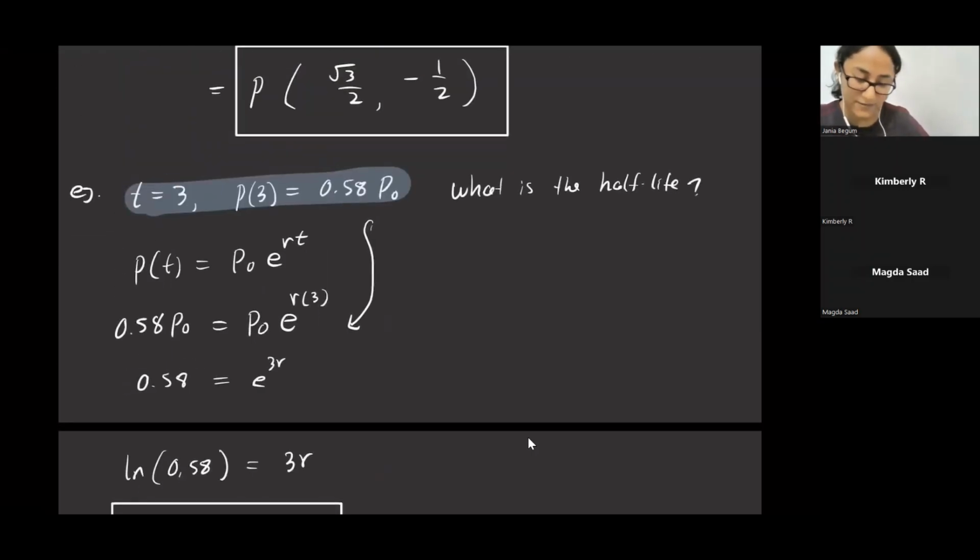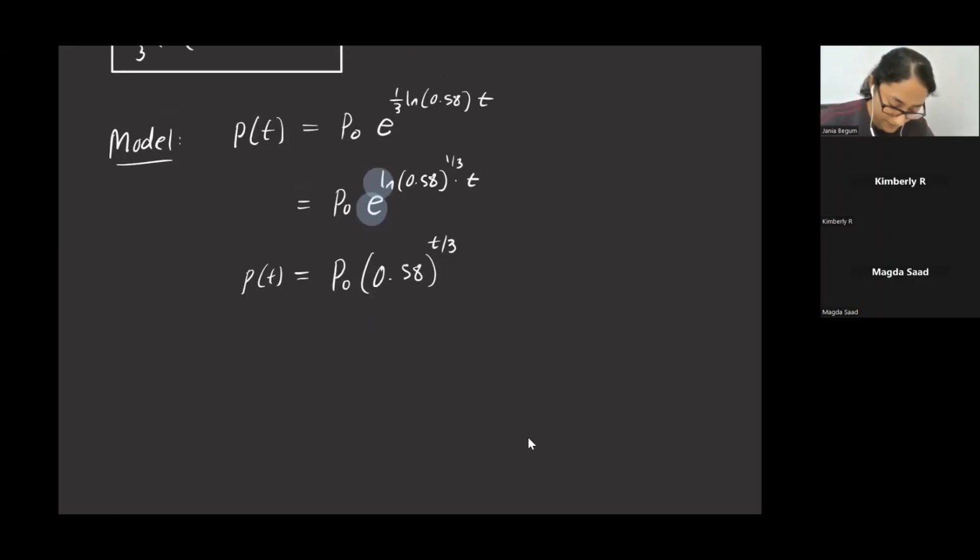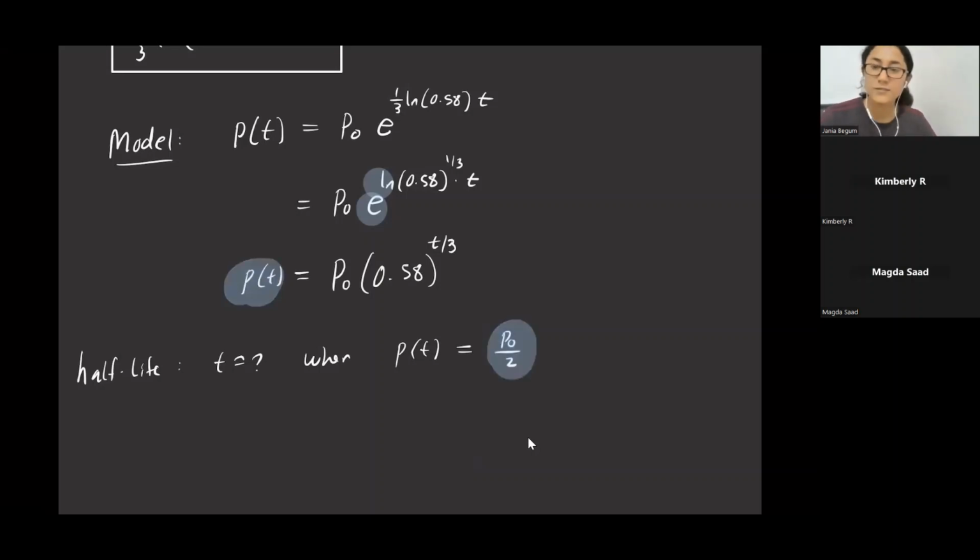We're looking for half-life. Well, half-life just means what is the time when the amount at that time is half of the original. So I'm going to replace P of t with this so I can solve for t. Here's how it's going to look.